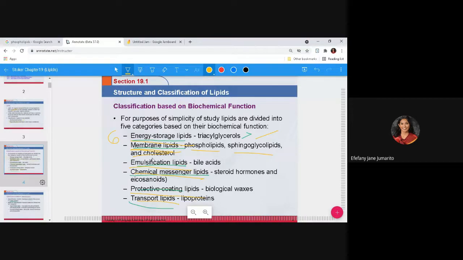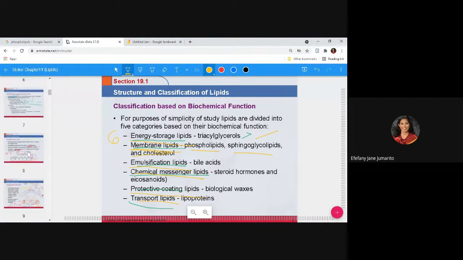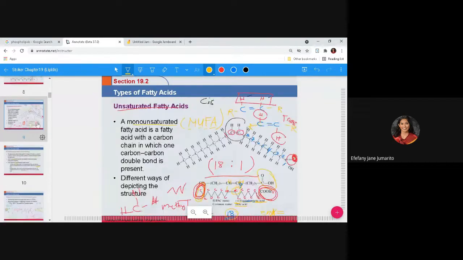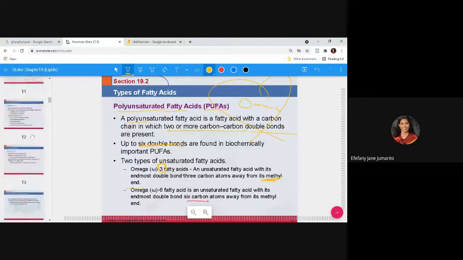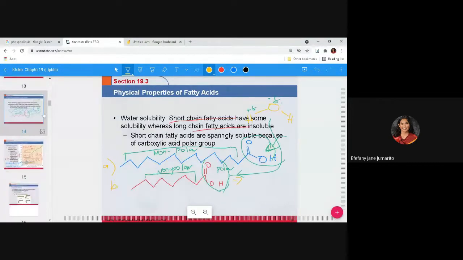So today we are going to tackle the membrane lipids. You review about the unsaturation, the PUFAs, MUFAs, SFAs.